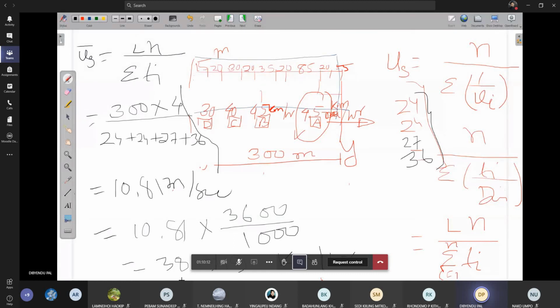And the fourth vehicle spent 36 seconds. So what is the total time spent by all these 4 vehicles? You just sum up 24 plus 24 plus 27 plus 36. What was my observation period? I observed this for a time period of capital T, that I said initially. So the total time spent by all these 4 vehicles divided by the time period T will give you the occupancy.